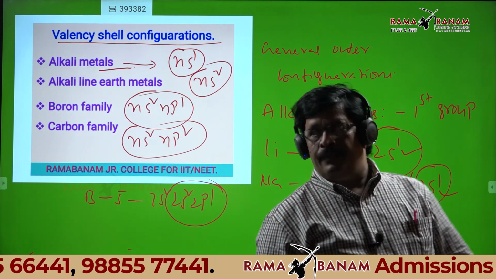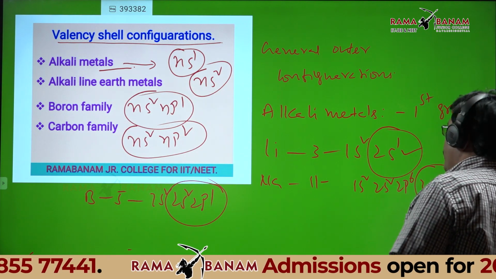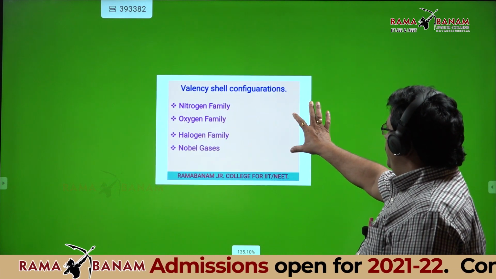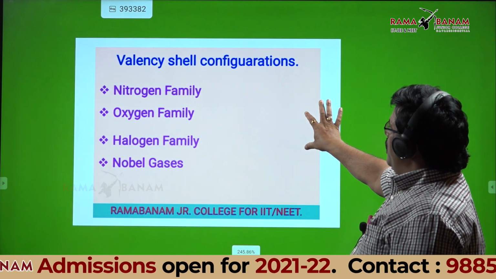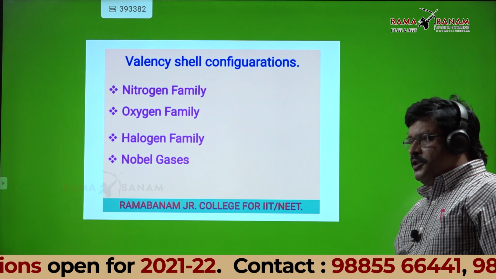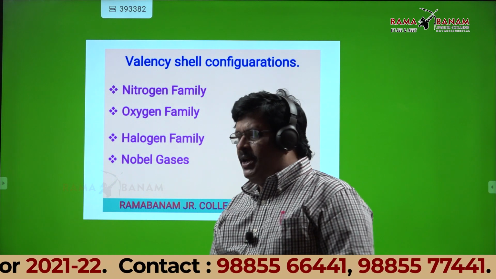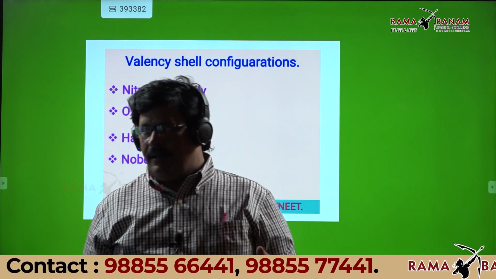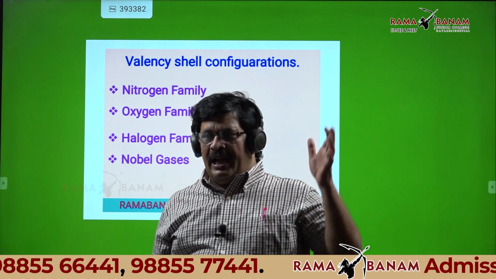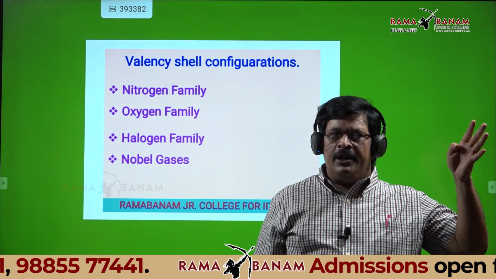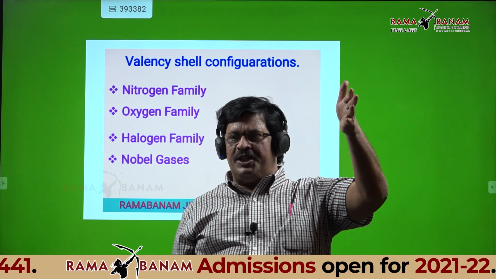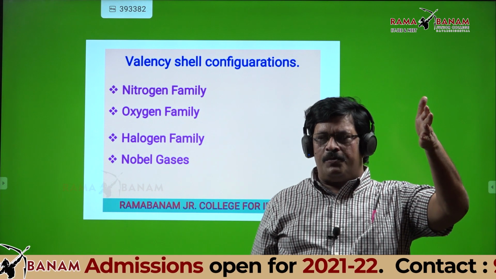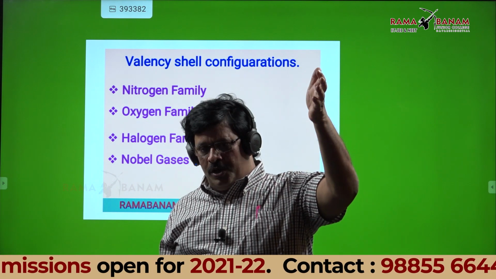Yes, sir. Okay. Now, I have given 4 more. I want the valence shell configuration of the nitrogen family, oxygen family, halogen family and noble gases. Is it okay? I'll give 4 minutes to you all. You write the valence shell configurations of these 4 groups. After that, I'll write those on the board.